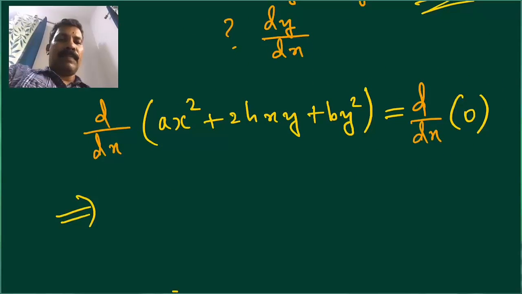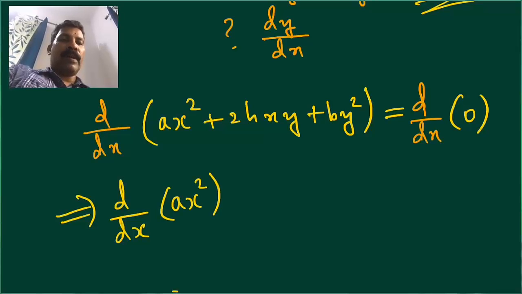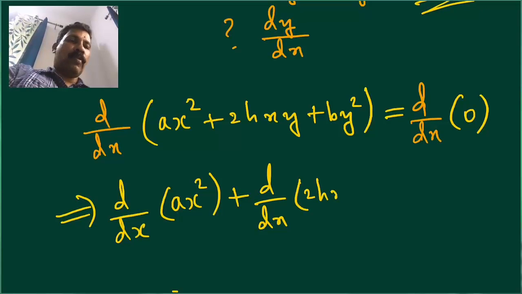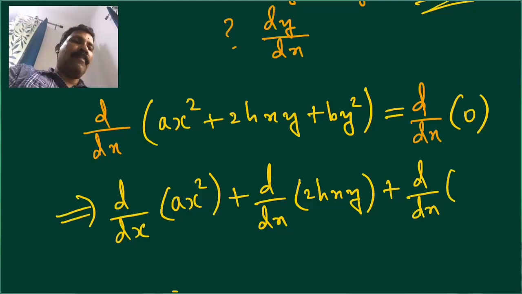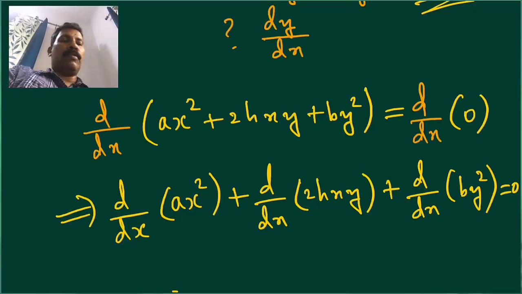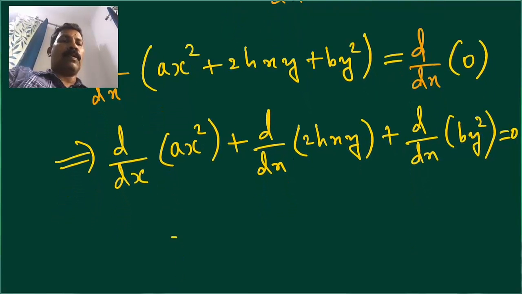So that is term by term differentiation, or the summation rule we can say. That is d by dx of ax square, then d by dx of 2hxy, then d by dx of by square, and that is equal to 0 because the derivative of 0 is 0.